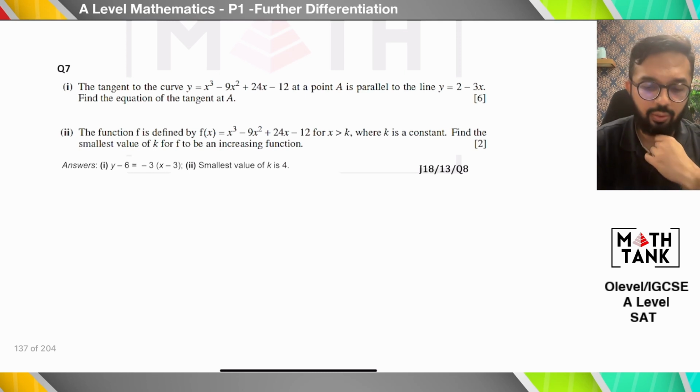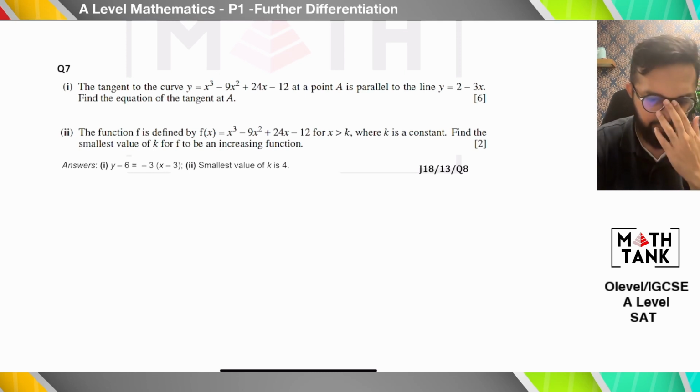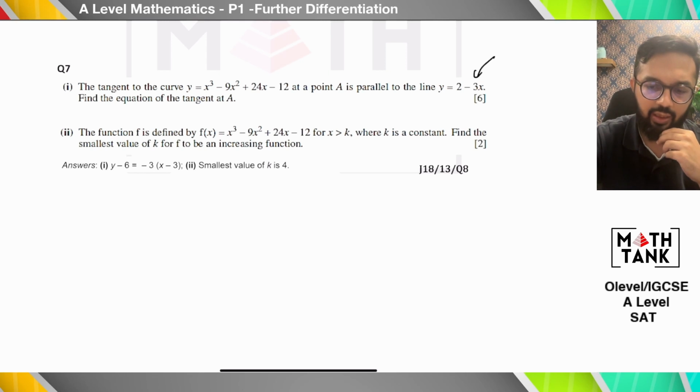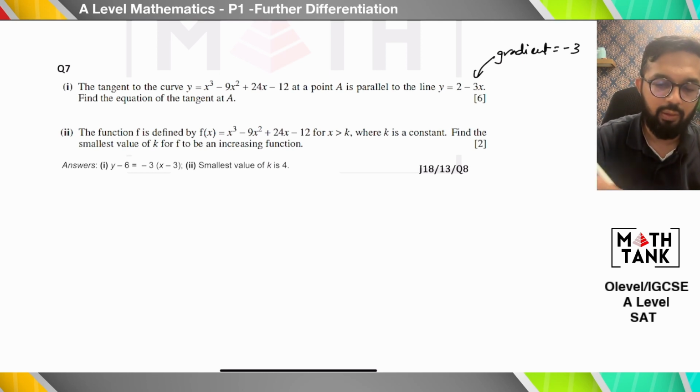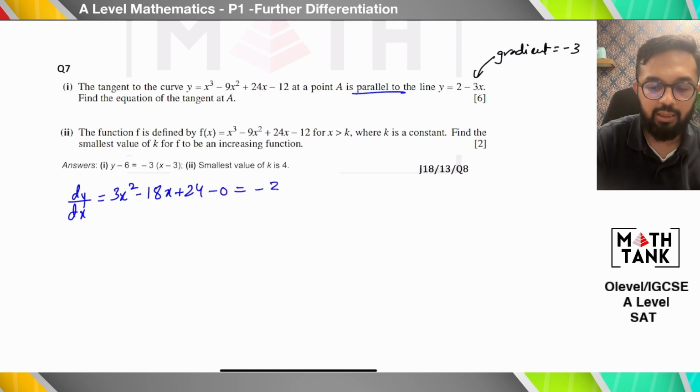It says the tangent to the curve. Okay, so that looks like differentiation for tangents. At a point A is parallel to the line y equals 2 minus 3x. So the gradient of this line seems like it's minus 3. Find the equation of the tangent at A. Okay, so I know that if this is parallel, then the gradients should be equal. So my dy by dx, which is 3x squared minus 18x plus 24 minus 0, should equal minus 3, because that is what I wanted to be parallel to.